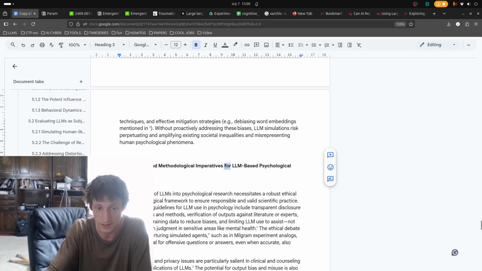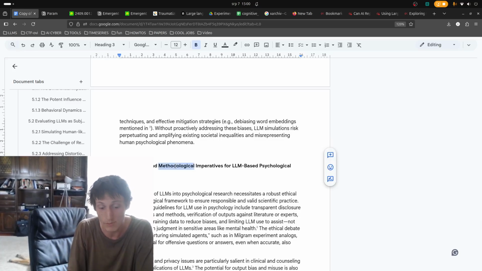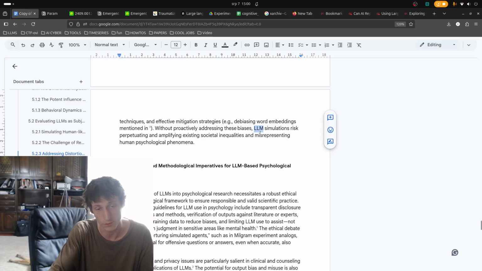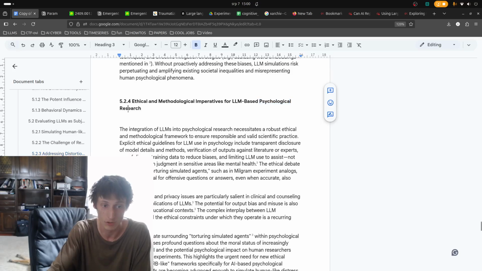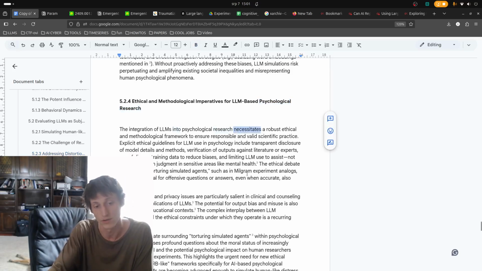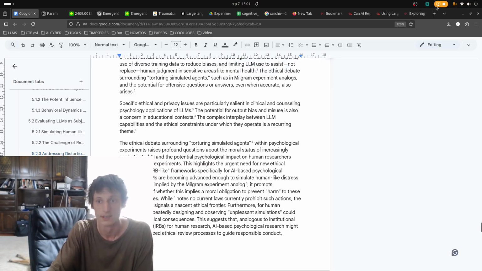So my work stands on the side of: it does emulate a causal connection that a human would make regarding the things we tested them on, and they do behave in the same way. So, taking into account all the biases and all the things that we know they do, we should definitely explore more of this avenue.